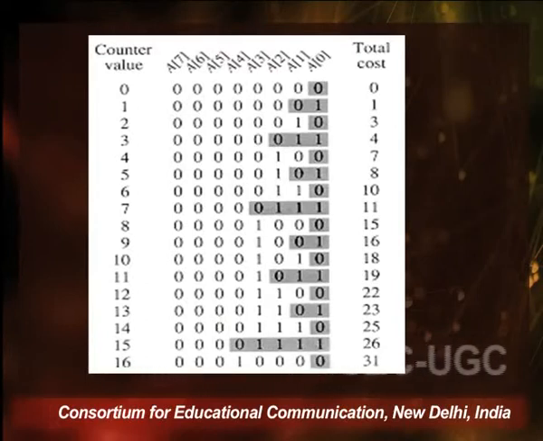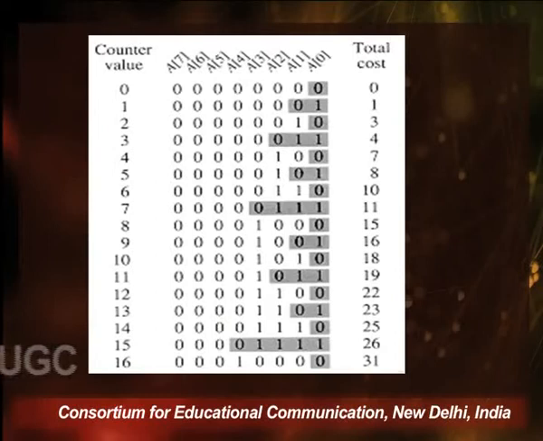On the next increment, the counter becomes 2, and the last 2 bits change, becoming 1 and 0. The total cost is 3, which is 1 from the previous operation plus 2 for this one, because 2 bits have been flipped.